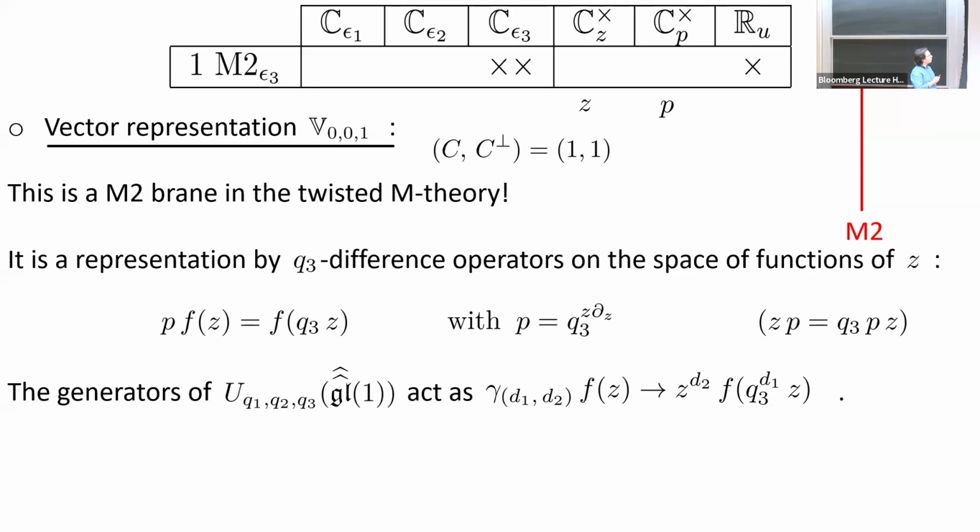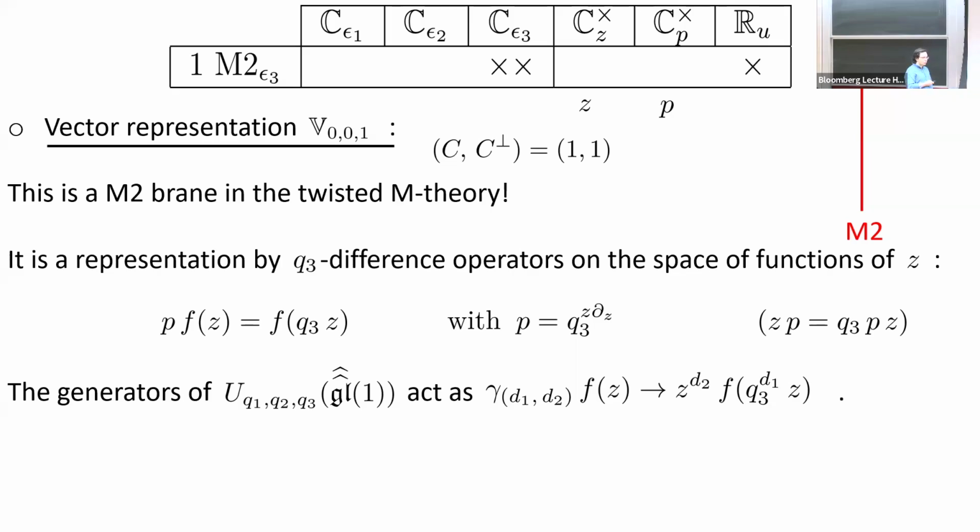This representation, the vector representation, acts by Q3 difference operators. If I have an operator P that I write as a Q shift, and I choose Q3 here, the choice of the label for the Q will be the choice of where the M2 brane wraps in the 6 complementary directions. Then P acting on a function of Z just shifts the function of Z by Q3.